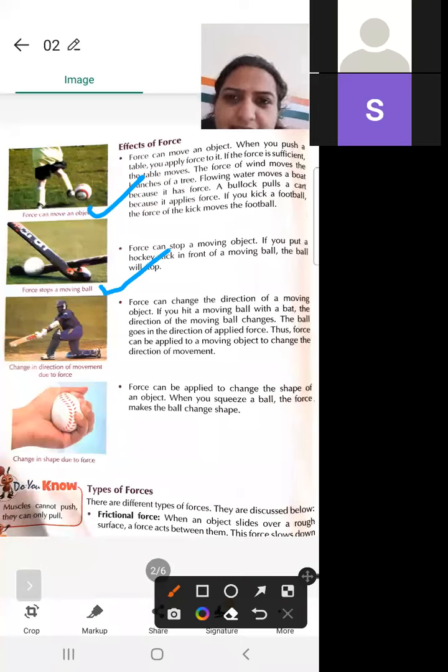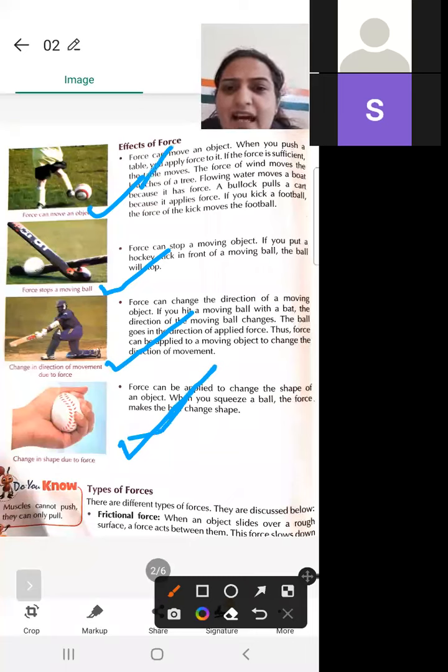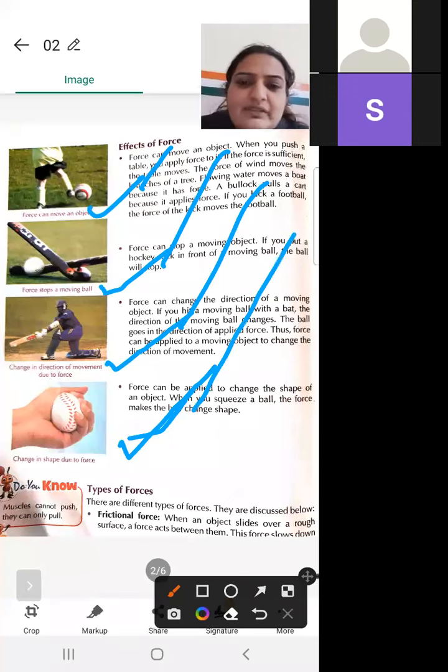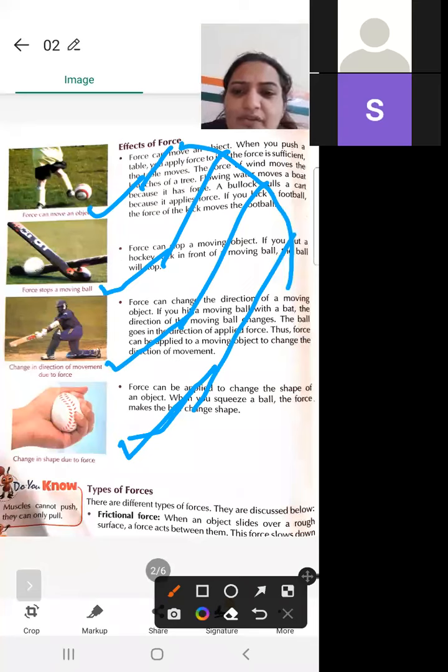Third is force can change the direction of movement. And next is force can change the shape. So these are all effects of force.